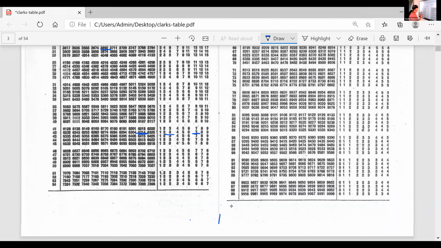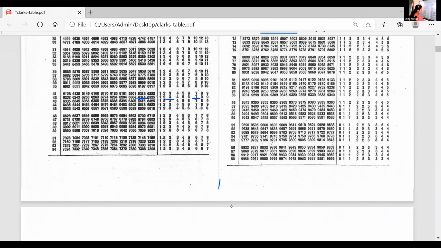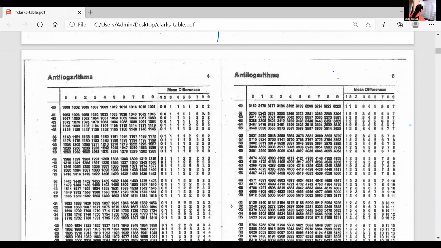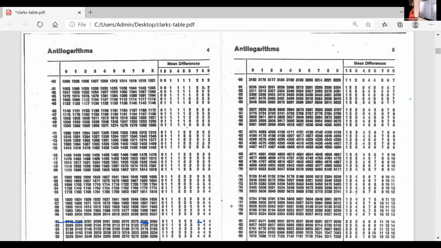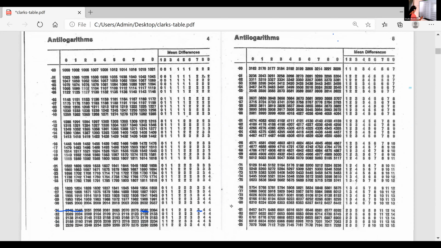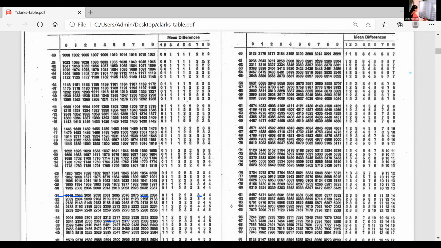So 0.3758, and from the antilog table you have to find 0.3758. It is 2371, isn't it? And here 8 is 4.